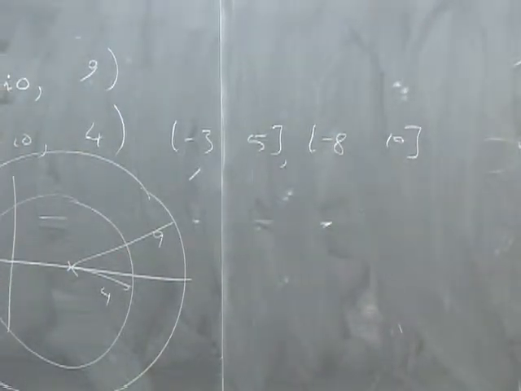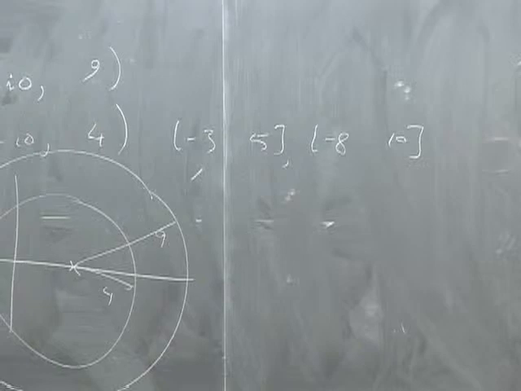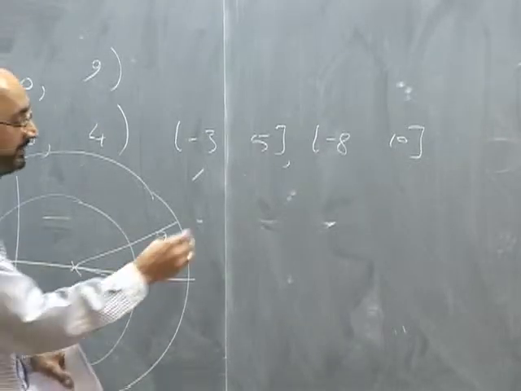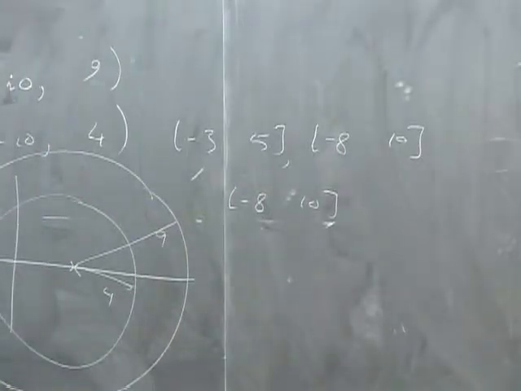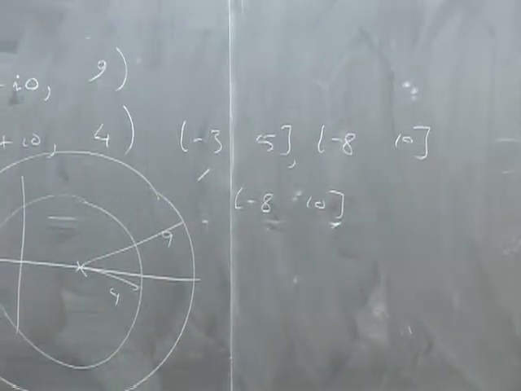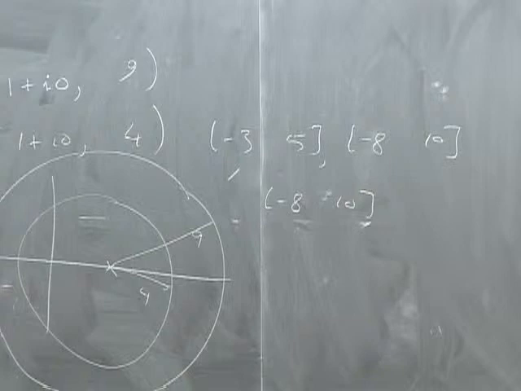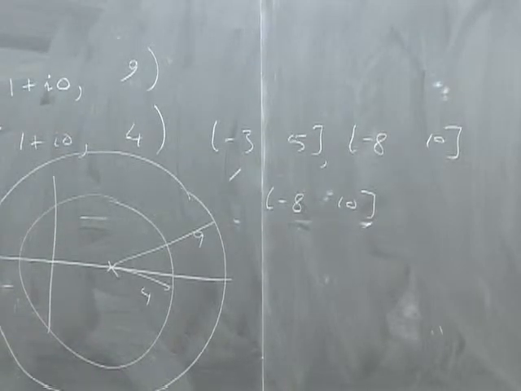One of them is minus 8 to 10. Yeah, the union is minus 8 to 10. That's equally acceptable. It's just the way you represent it, but you need to understand where the disks are. But it's not symmetric.